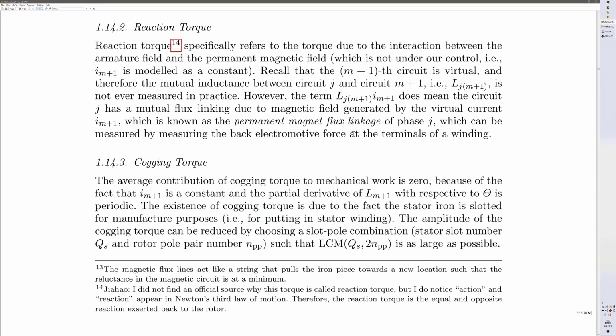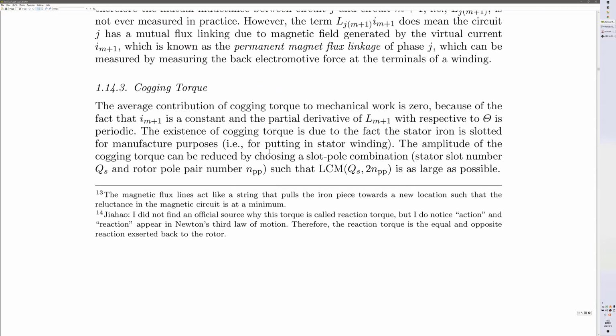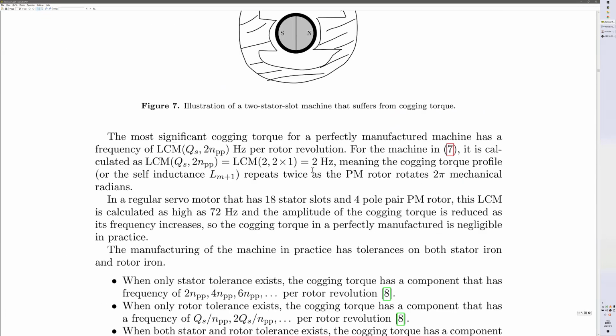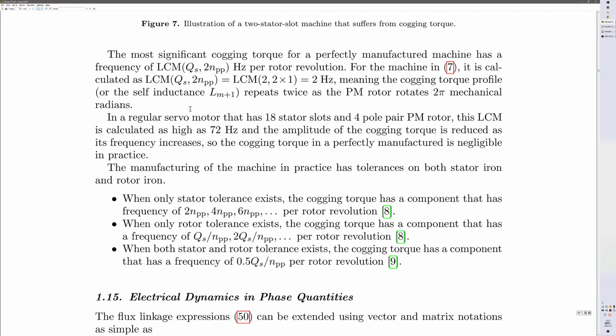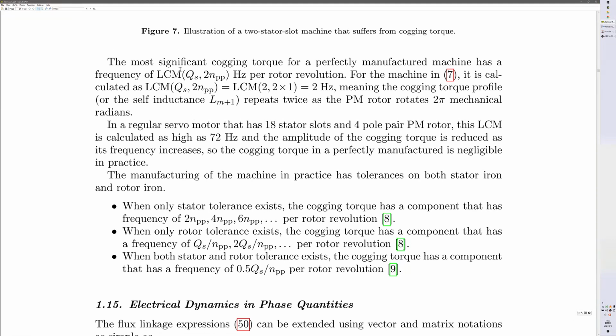Reaction torque is also known as PM torque. That's it. About Coulomb torque, we can have some further comments on it. It is dependent on the slotting of our stator and rotor. If you are interested, you can have a read. The manufacturing of the machine also results in some lower order Coulomb torque.